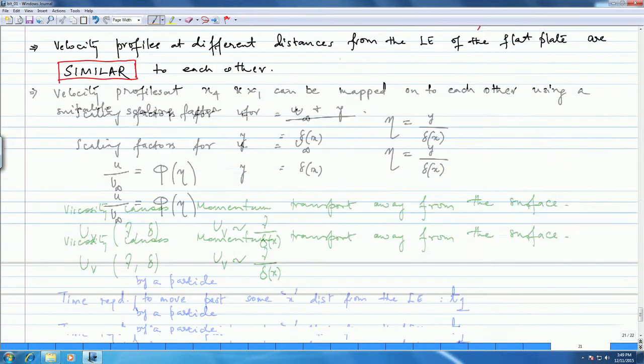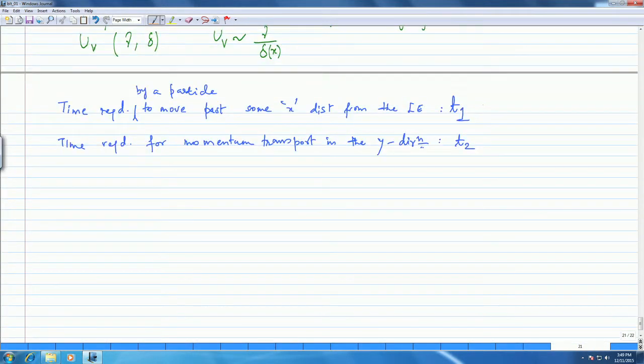The total distance is x, and it is moving with the free stream velocity. And that's the total time which will be required, right?